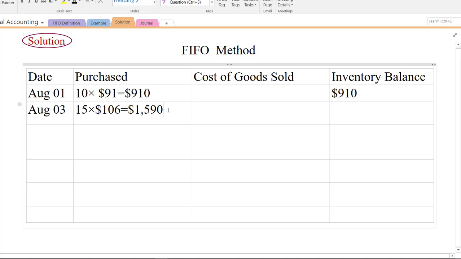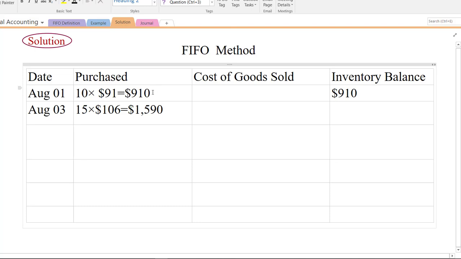Now students, let's come to the working note, that what we are going to do. On August 1st, the total inventories which was available was 910 USD. And on August 3rd, again we have purchased 1,590 USD.